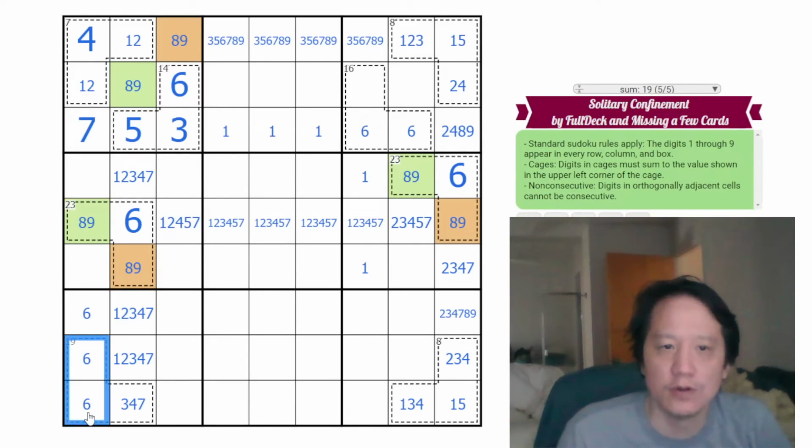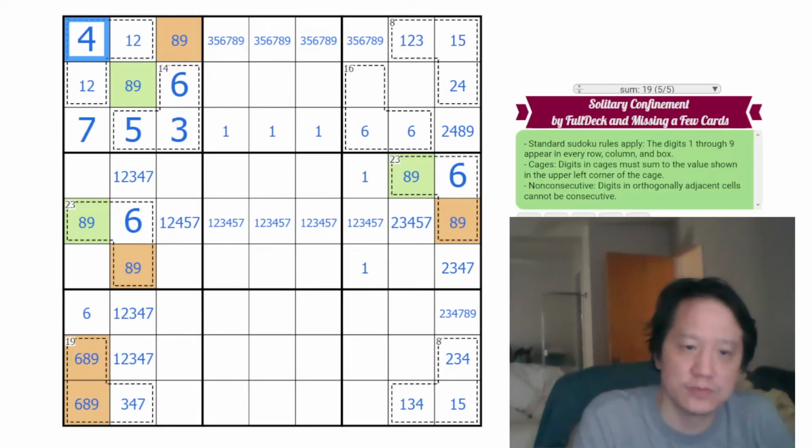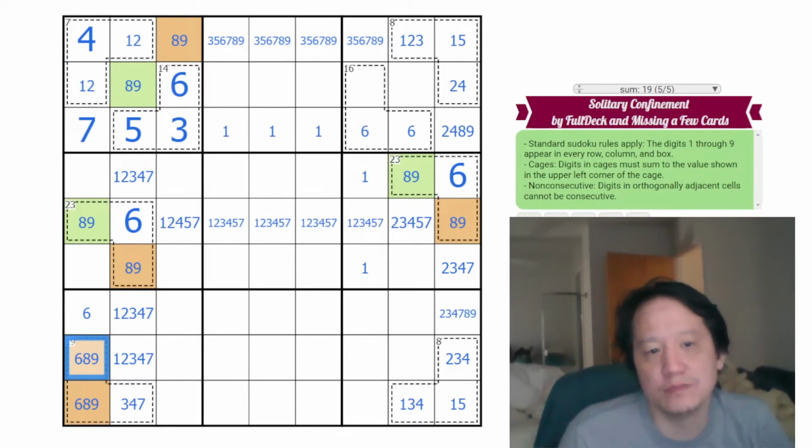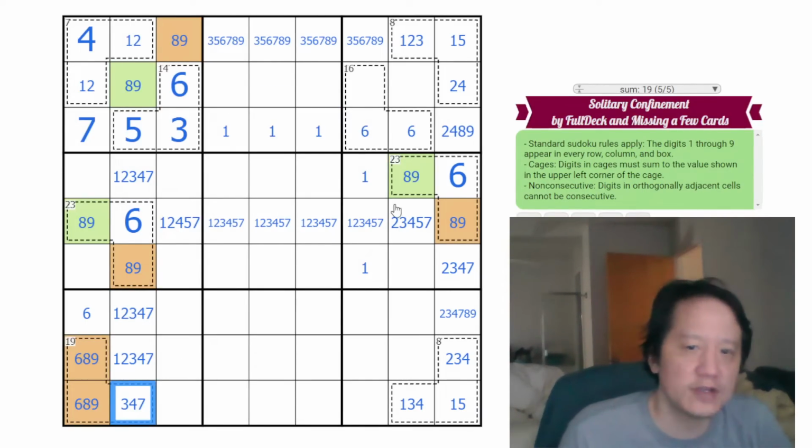So there has to be an orange here. So the orange is specifically here. So there is an 8 and 9 here. We don't know which, though. It could be 4, 7, 8.